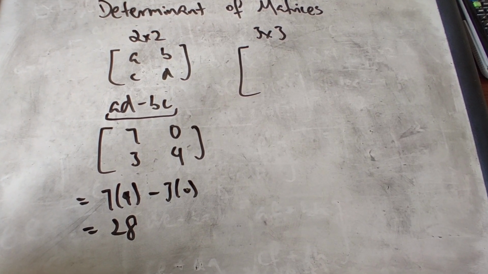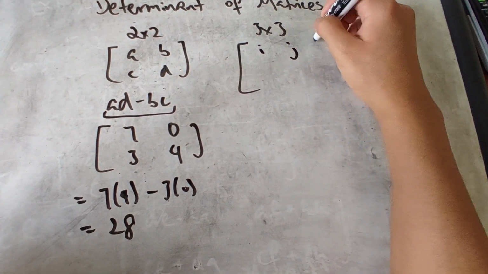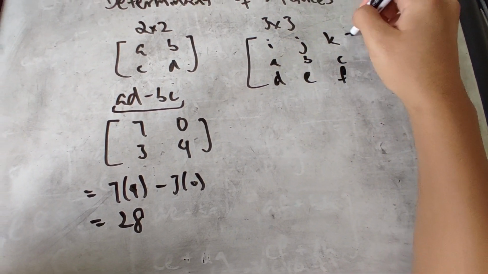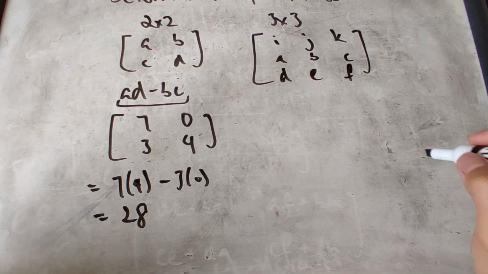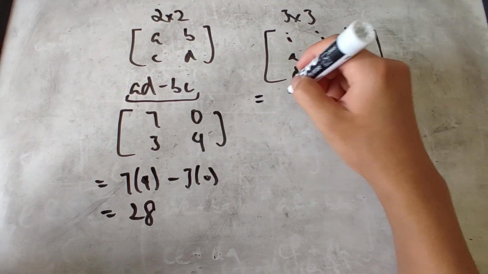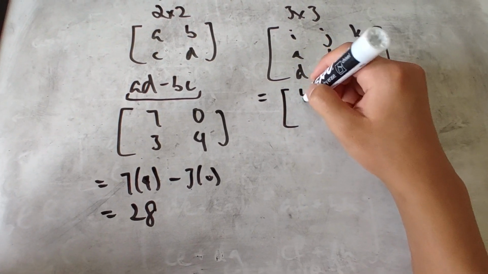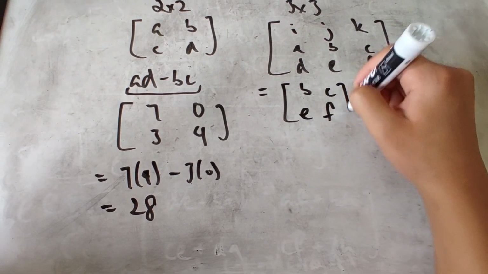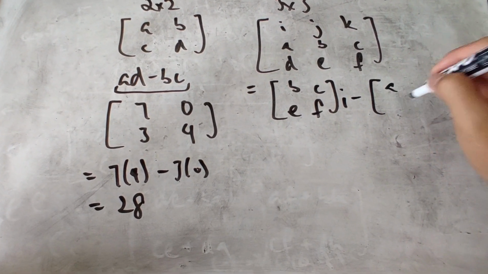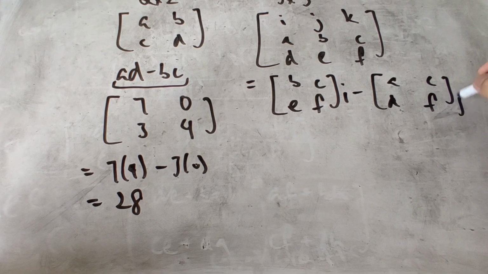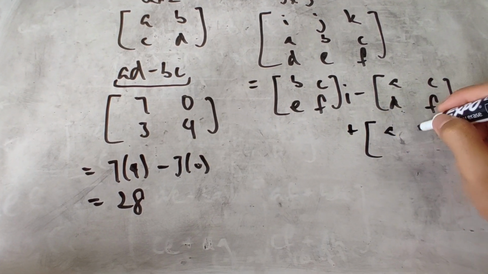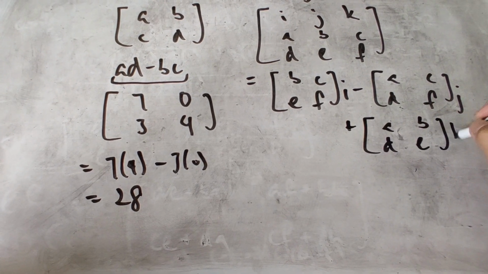So let's say it'll just be I, J, K, A, B, C, D, E, F. So in this case, the formula for the determinant would be B, C, E, F times I minus A, C, D, F times J, and then plus A, B, D, E times K.